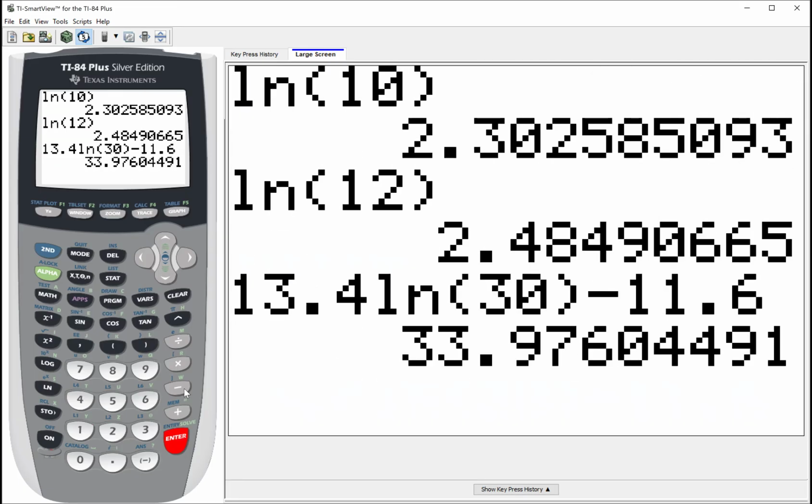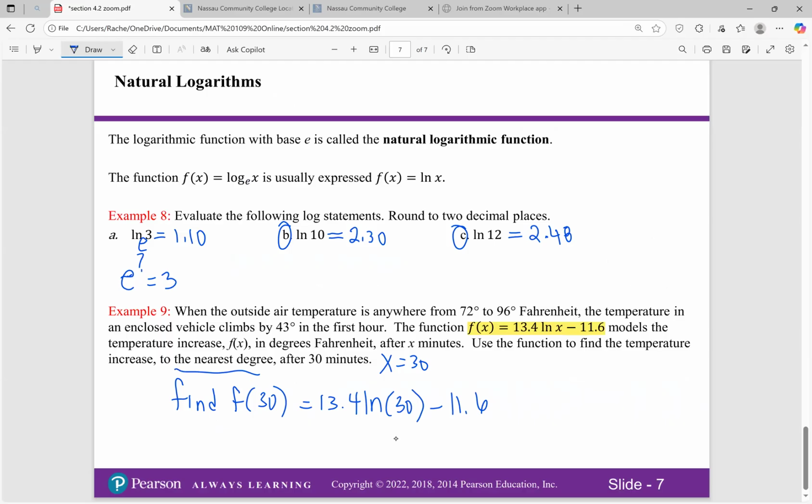And we get 33.98. And I believe it said to go to the nearest degree, which would be 34. Yeah, to the nearest degree. So this is going to be about 34 degrees. So that's going to be the temperature increase after 30 minutes, about 34 degrees.